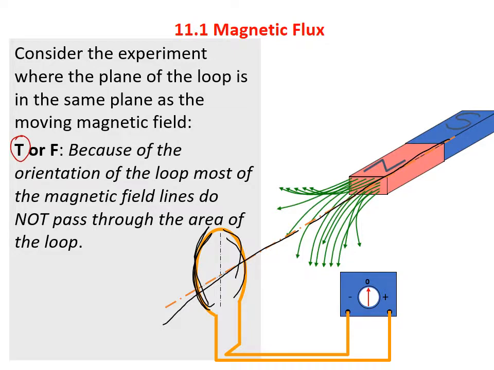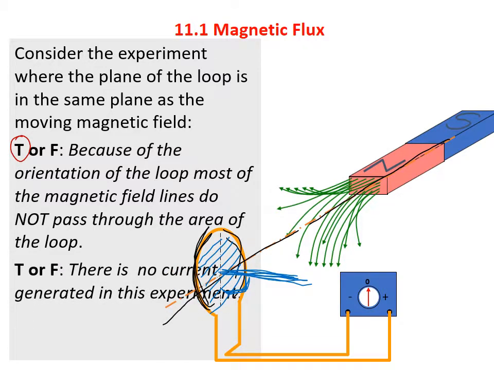The area of the loop is here, like sideways, and it is oriented such that you have a 90-degree angle with respect to that surface area. So these magnetic field lines are at a 90-degree angle with respect to the normal of the surface area. So true. Because of the orientation, most of the magnetic field lines are not passing through the area.